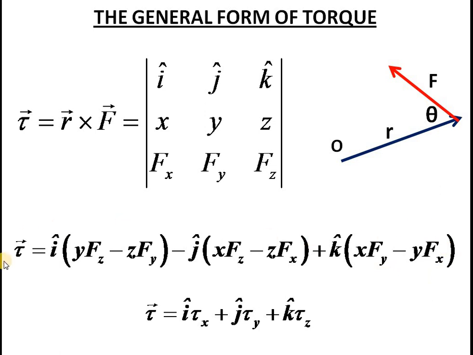This is the most general form of torque, how it is expressed in a three-dimensional Cartesian coordinate system, or you can express it in any other spherical or cylindrical coordinate system. I hope this idea is also clear. You can do any sort of problem using this general form of torque.